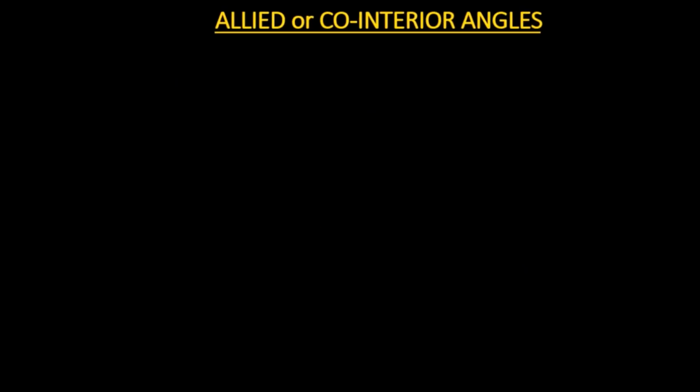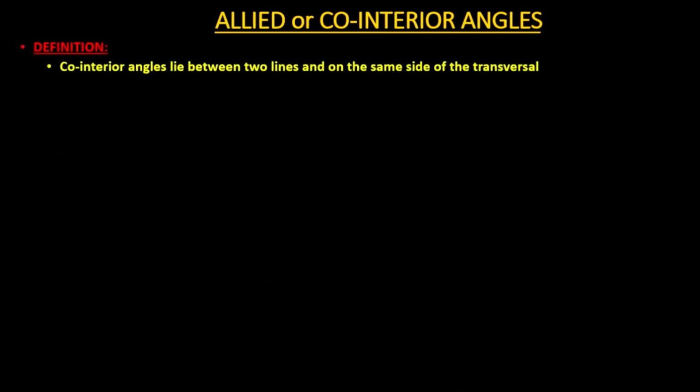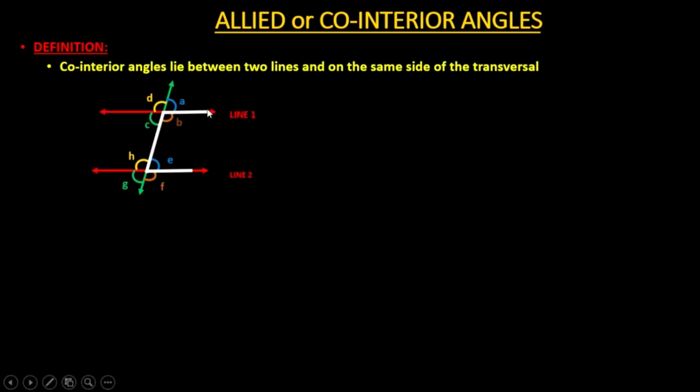Allied or co-interior angles. Co-interior angles lie between 2 lines and on the same side of the transversal. Here, the white line is in the shape of C. Let's follow the white line. Angle B and angle E are co-interior angles.